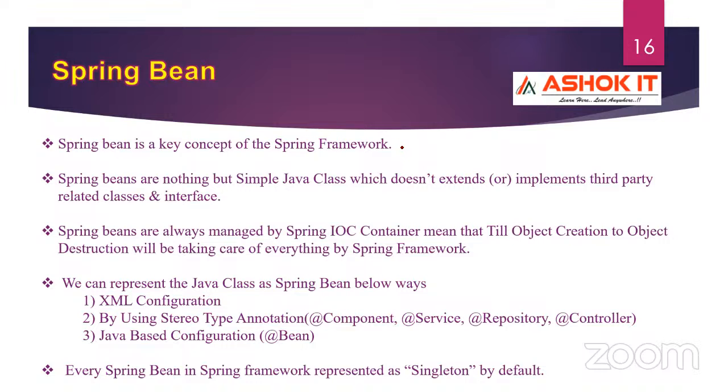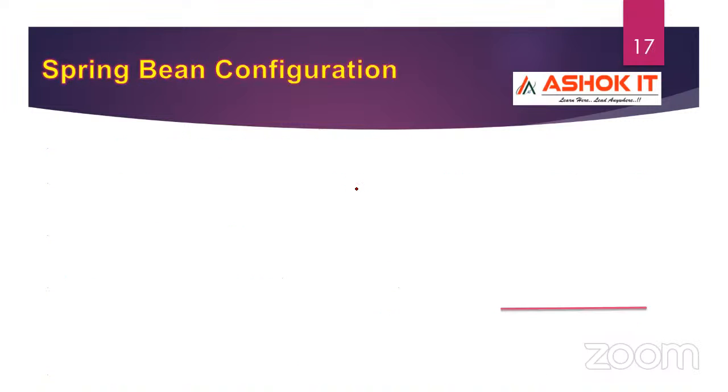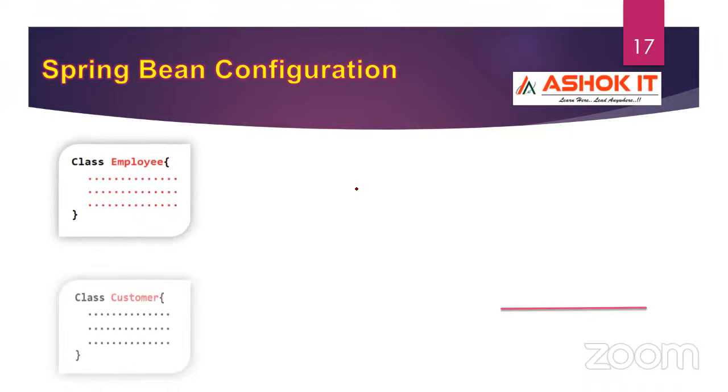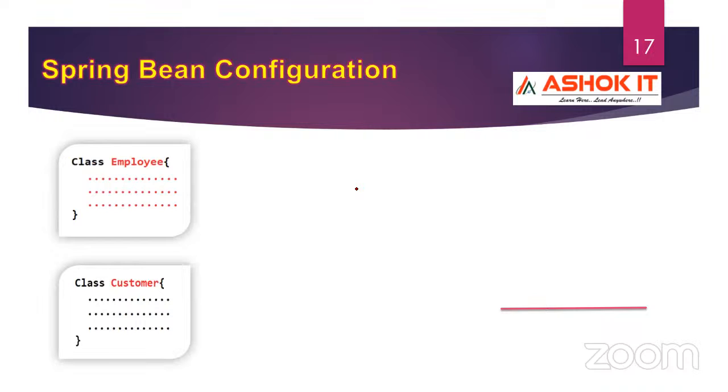Okay, fine. Let's get into the next slide, guys. How to represent a Java class as a Spring Bean? For example, we have two classes, the employee class and the customer class.